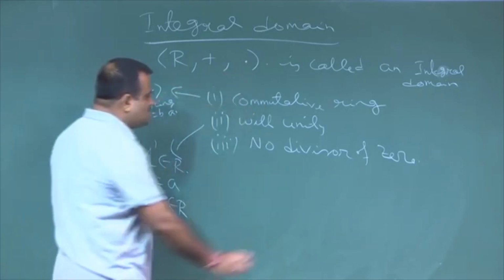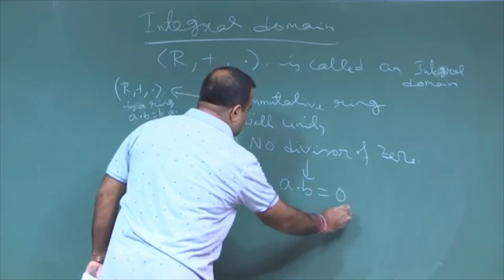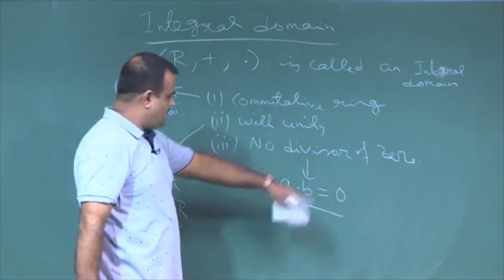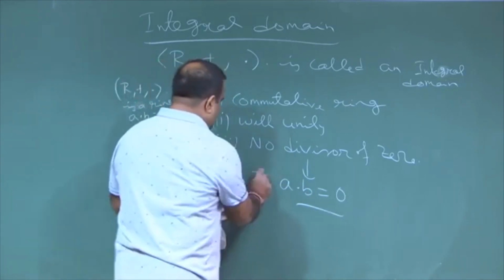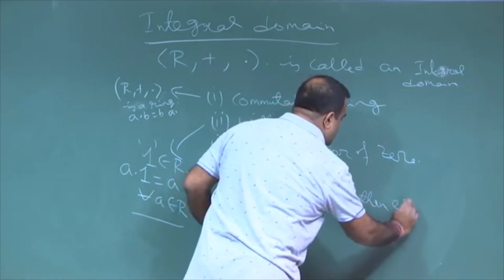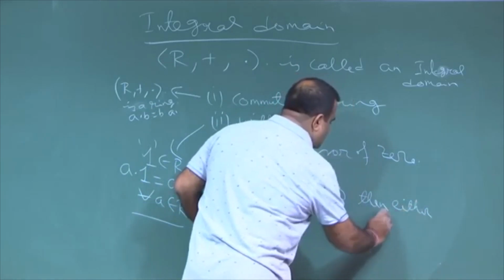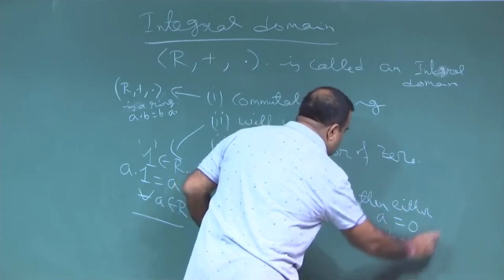And no divisor of 0 means if A dot B happens to be 0, where 0 is the identity element under plus, then either A is equal to 0 or B is equal to 0.